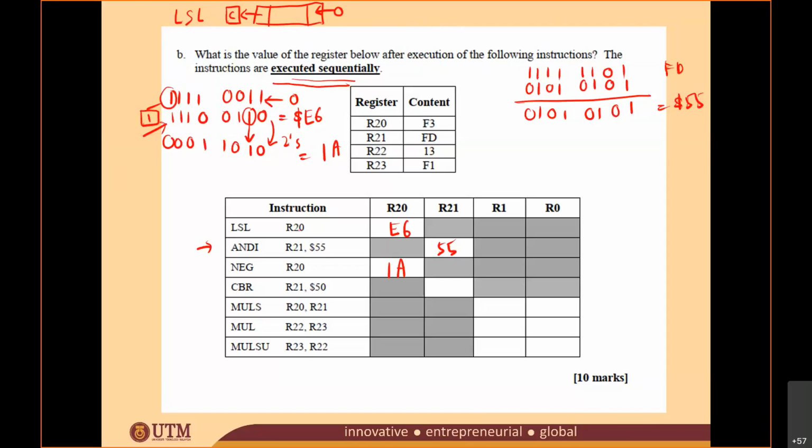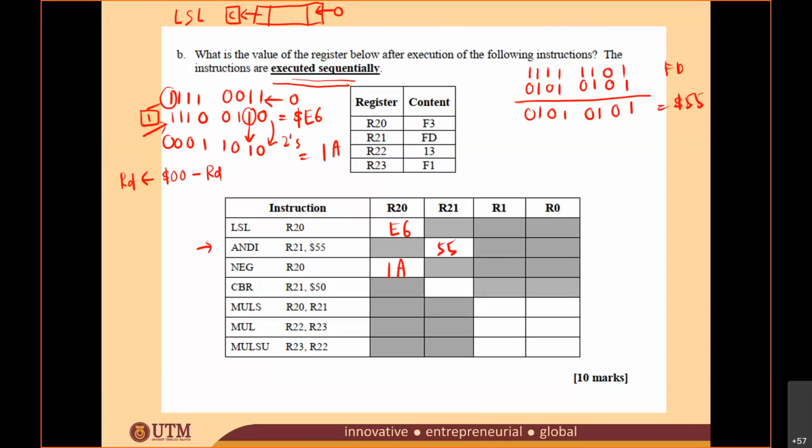Okay, let's say you don't know how the NEG works. You can look at what we call the operation here. It tells you, mana dia saya punya NEG, where is my NEG? NEG. Okay, dia bagi tahu kat situ RD. By looking at the operation here, RD equals 00 minus RD.